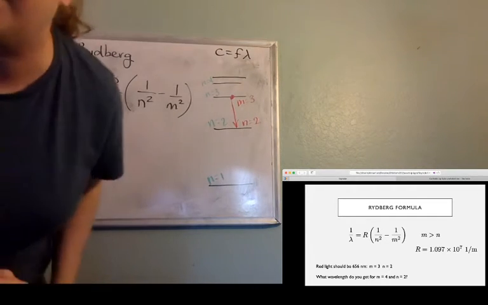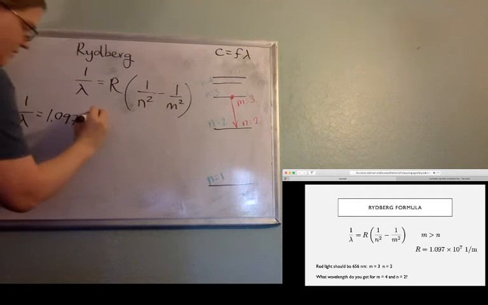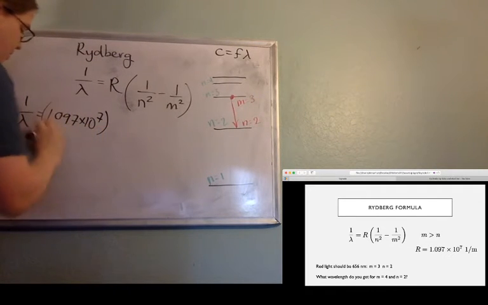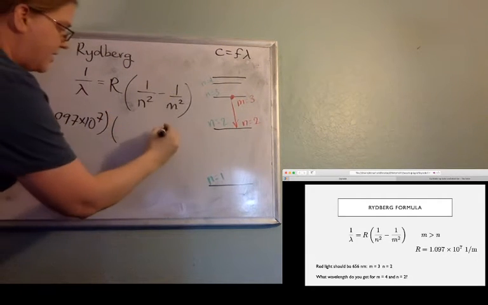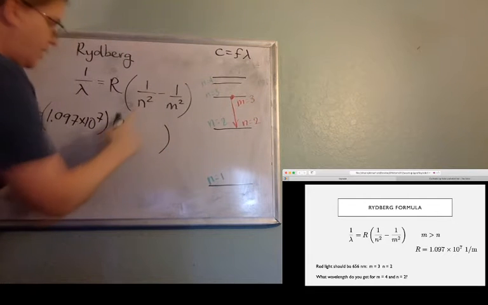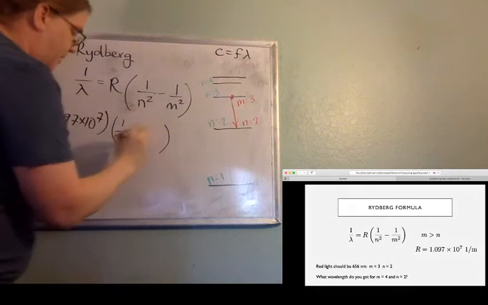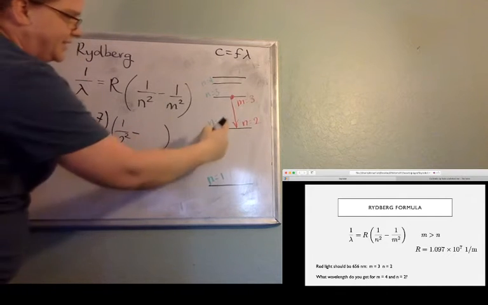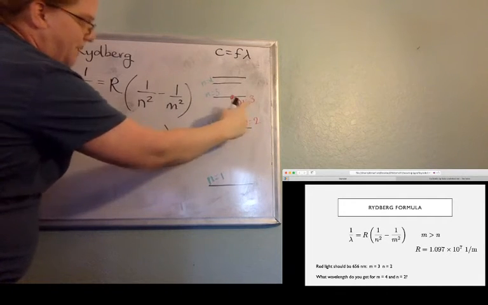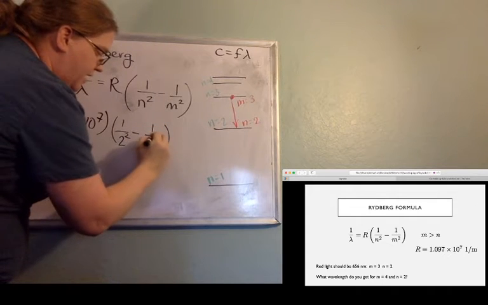Make sure I get the positive 7. One of the big mistakes I make is I tend to write negative 7 there, but it's not. It's a really big number. And then I'm going to come in here. N is my smaller one, so that's 2 and it's squared. Minus m is my bigger one, 3 and it's squared.